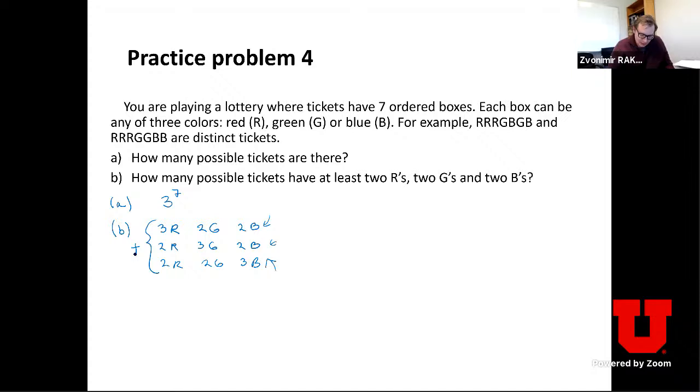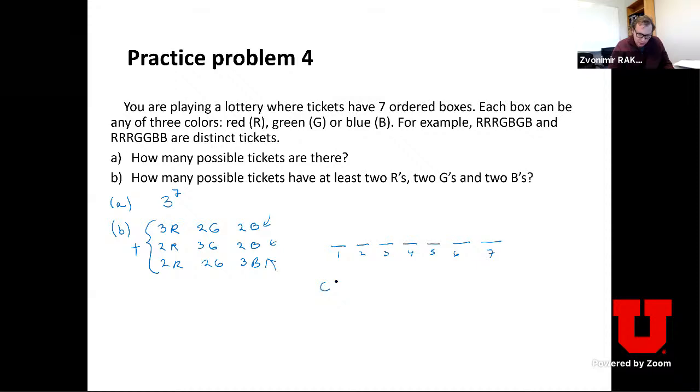We do this using the strategy, like I said, that we used in that Mississippi problem in the lectures. So we imagine that we have 7 of these boxes: 1, 2, 3, 4, 5, 6, 7. And the algorithm goes as follows. First, we choose 3 slots to place these 3 R's out of 7 slots total.